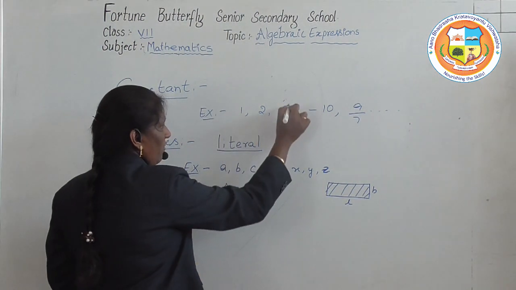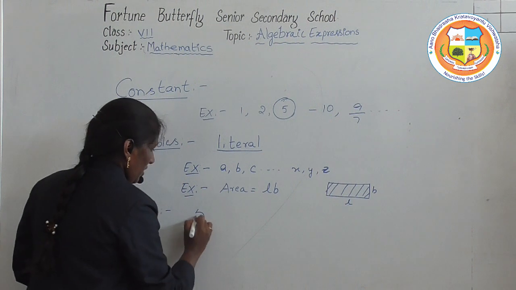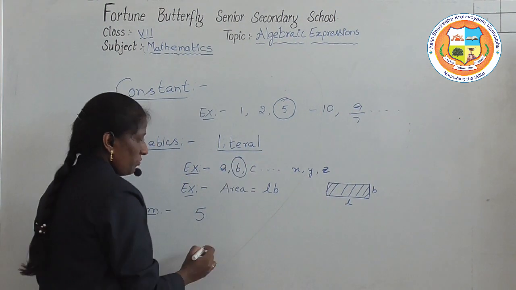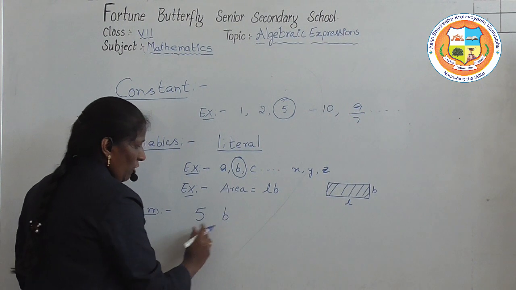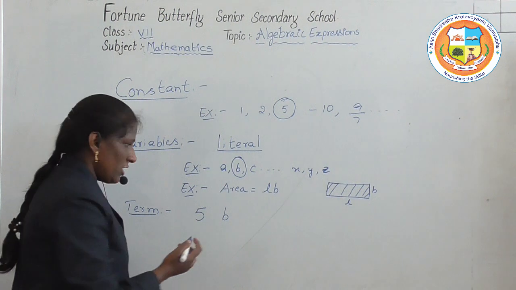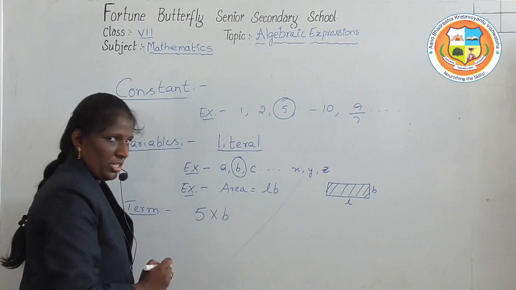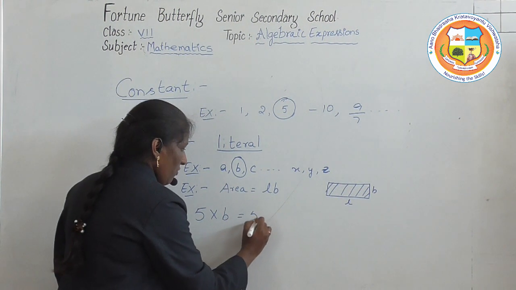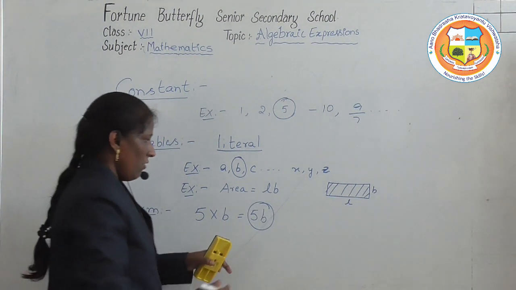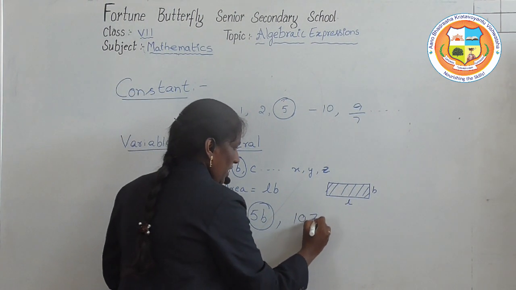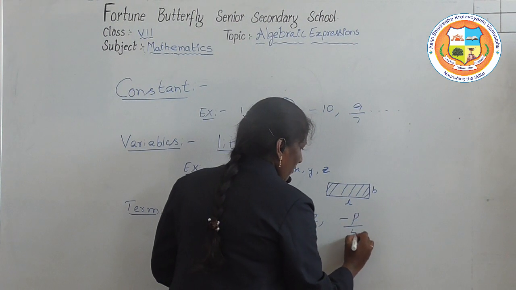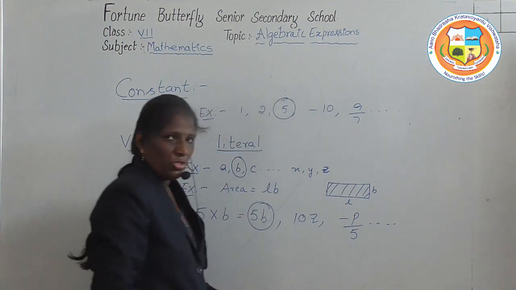For example, take one constant 5 and one variable B, and combine them by product. Product means the operator multiplication. 5 into B is 5B. This 5B is one term. For example, 5B, 10Z, next minus P by 5. These all are terms only.